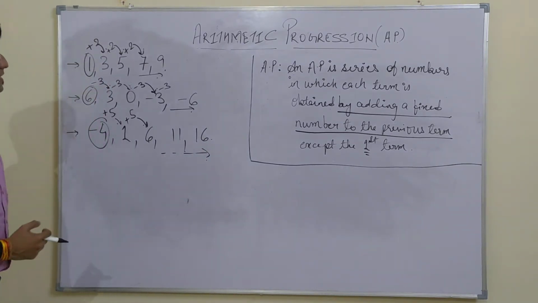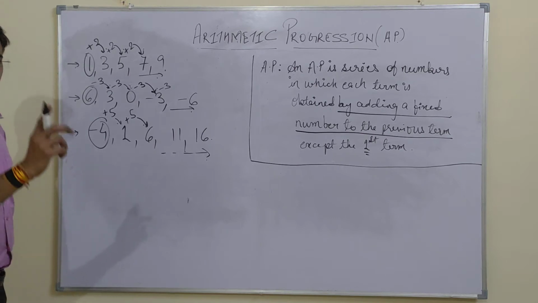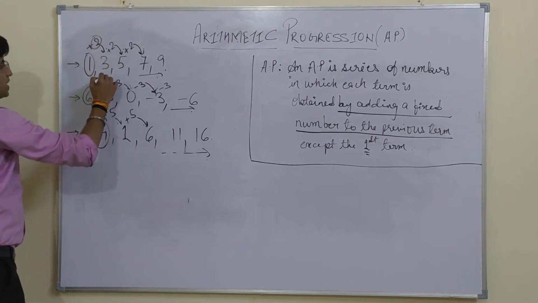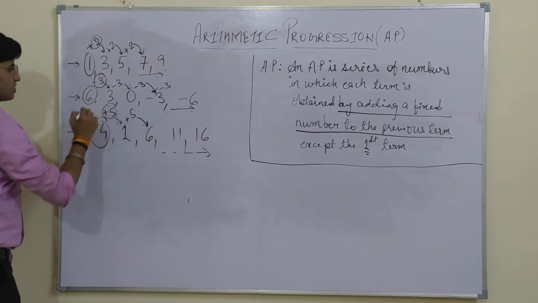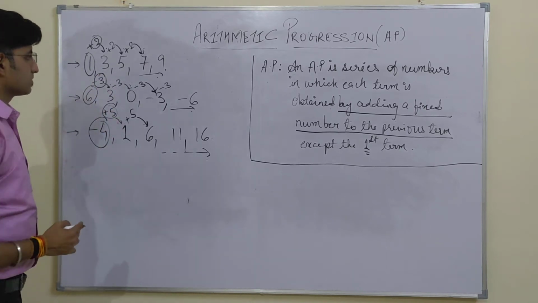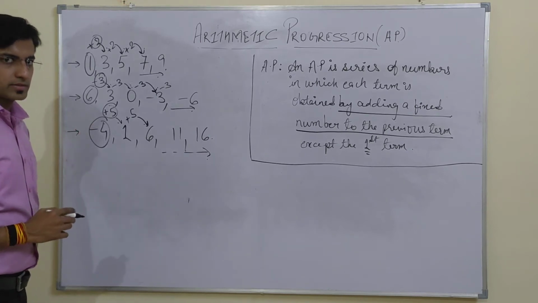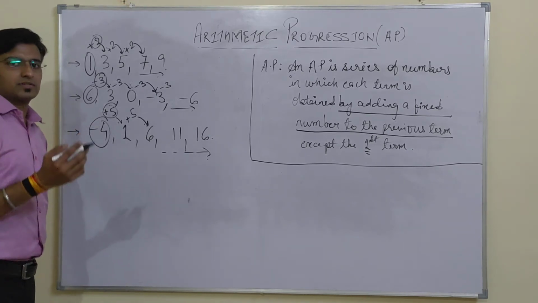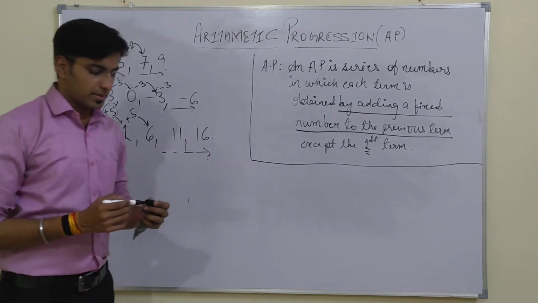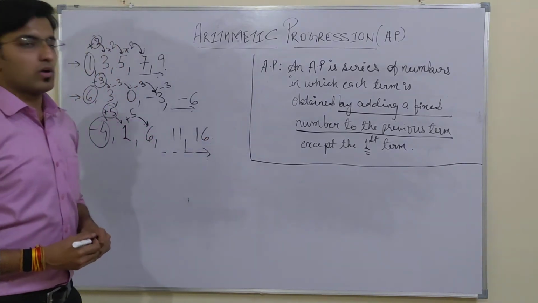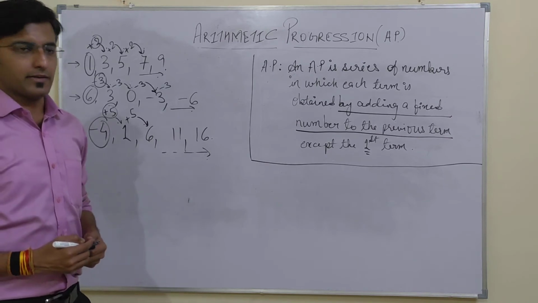So in all these three sequences, you have observed one thing, that there is a fixed term involved in each of the cases. This fixed term is called the common difference of the sequence, and hence this sums up the definition of arithmetic progression. So let's go term by term as to how an arithmetic progression is defined.